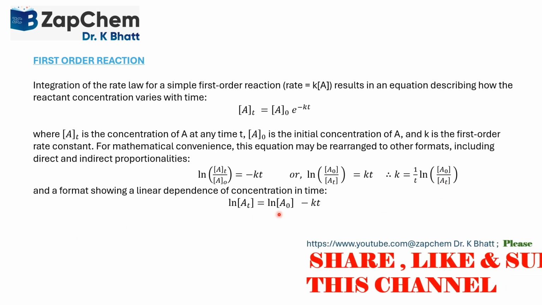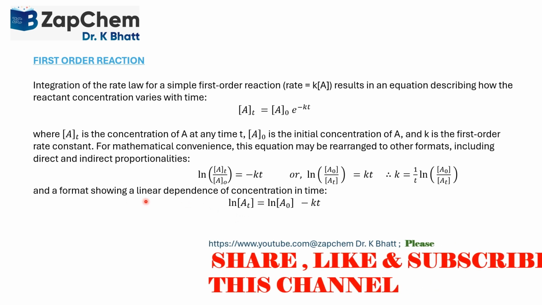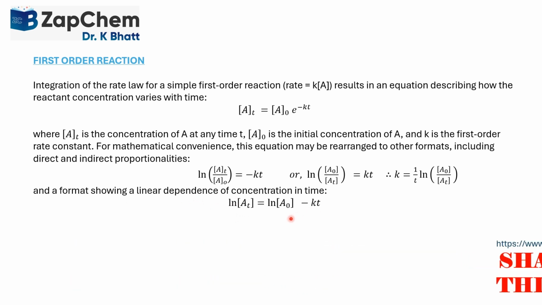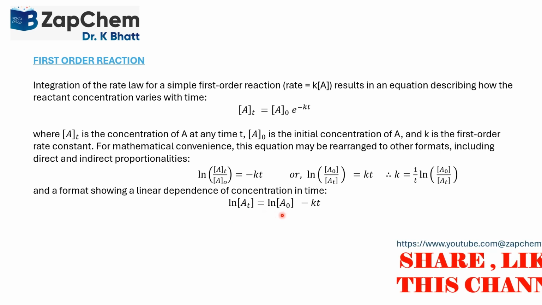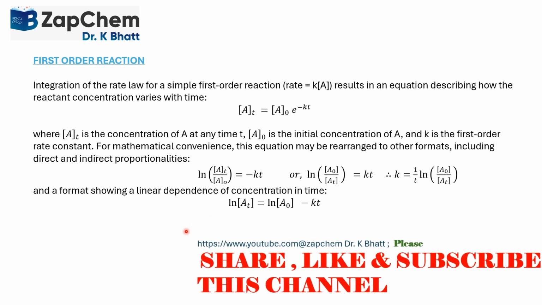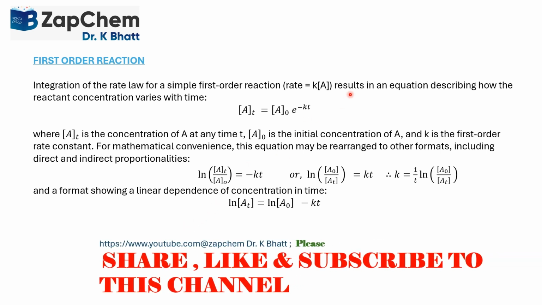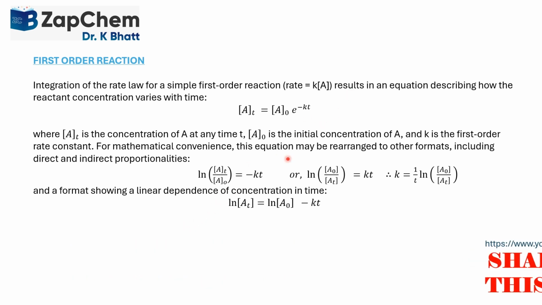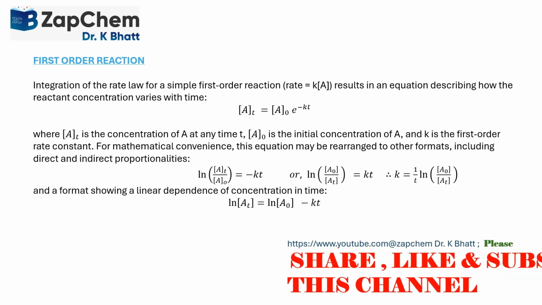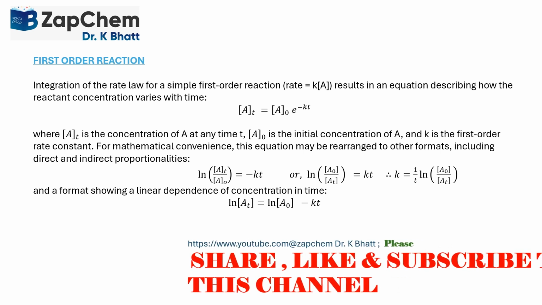And this can be represented showing a linear dependence on concentration with respect to time. And ln At is equal to ln A naught minus kt. But in these cases, we have used the exponential logarithm. Now, the exponential logarithm brings accuracy.